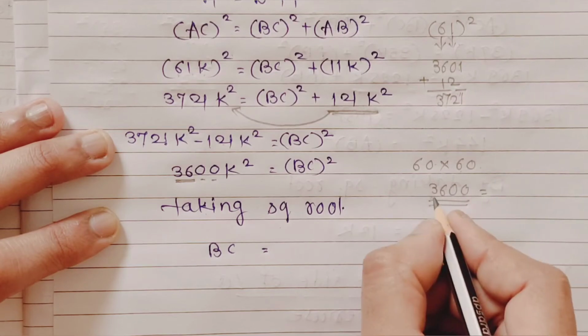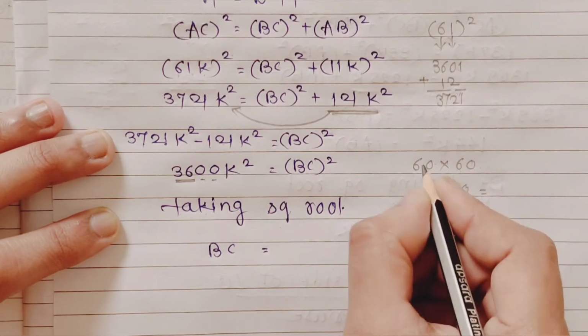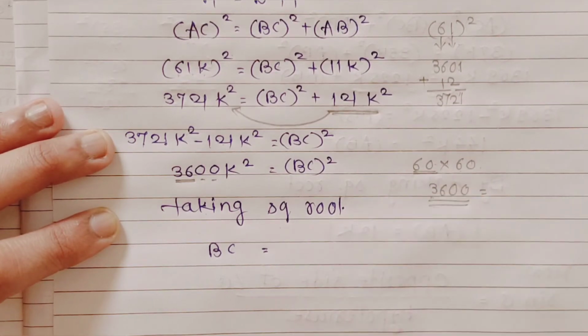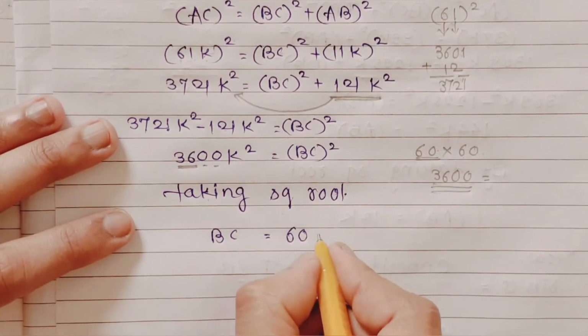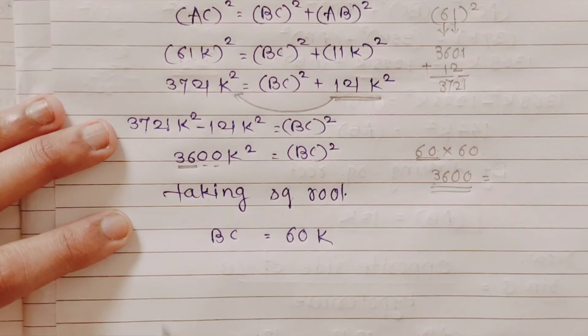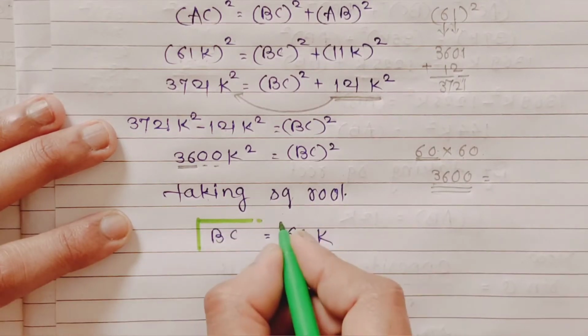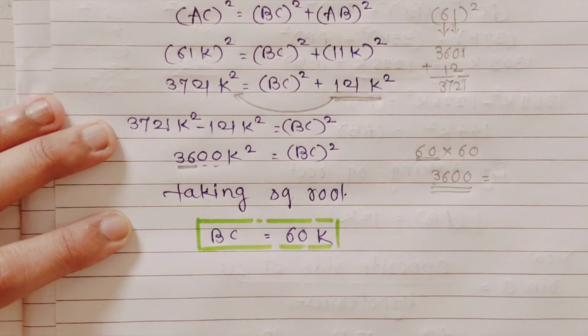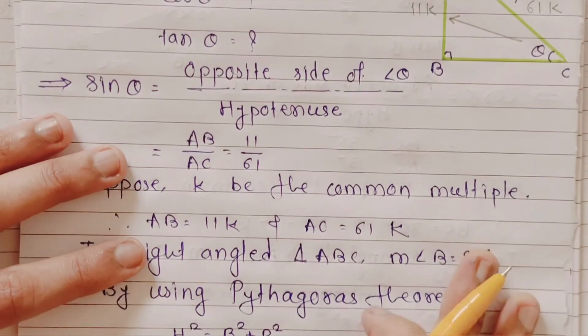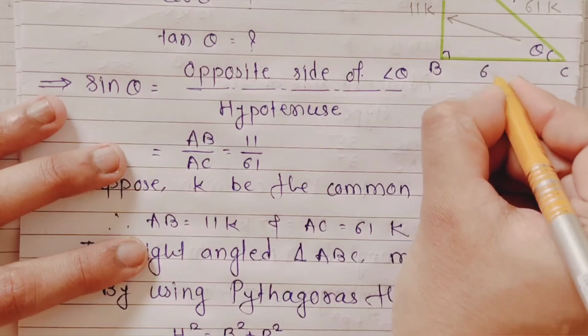So square root of 3600 is equal to 60. Is it clear? So BC is equal to 60K. So let us mention this value in the figure. See the figure. BC is equal to 60K.